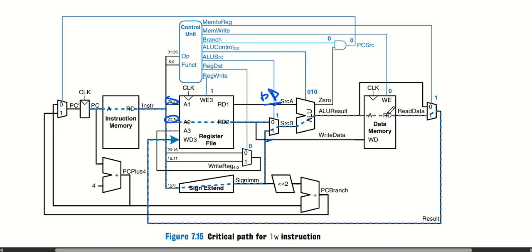We are not writing to memory, so memory write is 0. So it reads the data from memory. Then instead of selecting what's here, for load word type at least, we have to choose the one which is coming from memory.